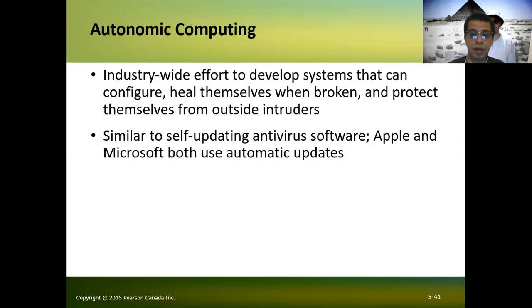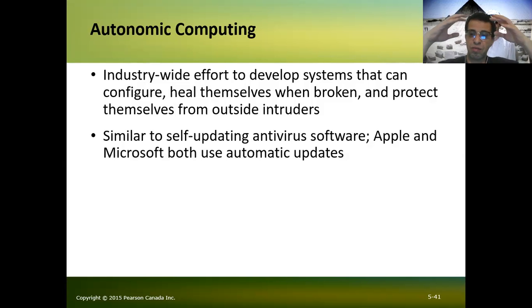Autonomic computing is an industry-wide effort to develop systems that can configure themselves, heal themselves when broken, and protect themselves from outside intruders. Tandem is one of these things. Learning machines are one of these. The trend is coming in, and basically all you need is two or three consultants within the company.